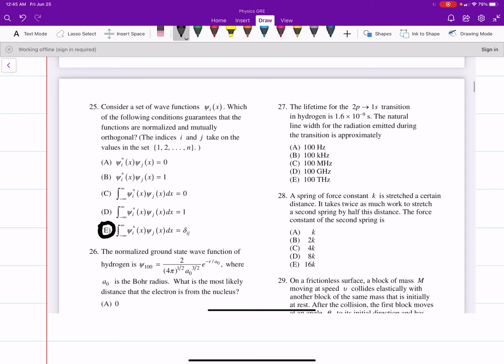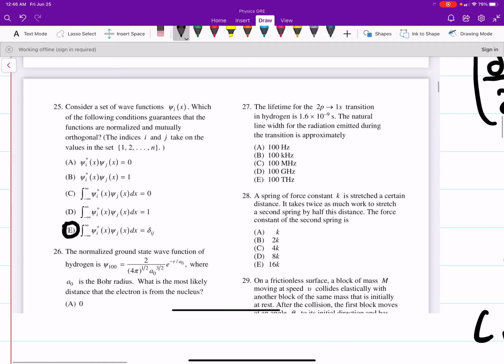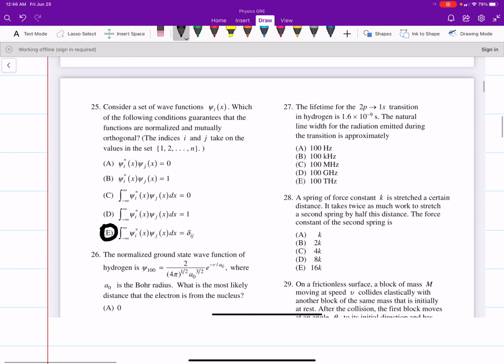Consider the set of wave functions psi sub i of x. Which of the following conditions guarantees the functions are normalizable and mutually orthogonal?